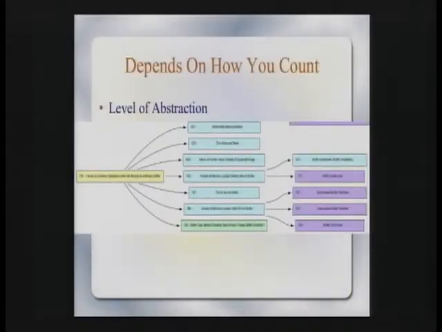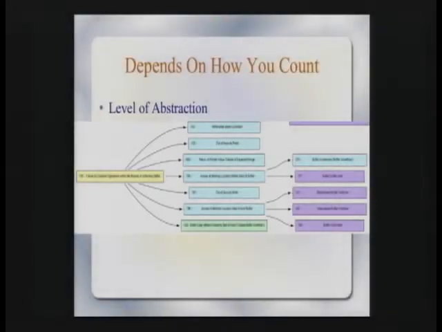It depends on how you count. Because there's this thing called level of abstraction. As I described, it's a hierarchical graph going into more and more details as you go down. So depending on how deep you go, you may get a different count of ways to get something bad to happen.